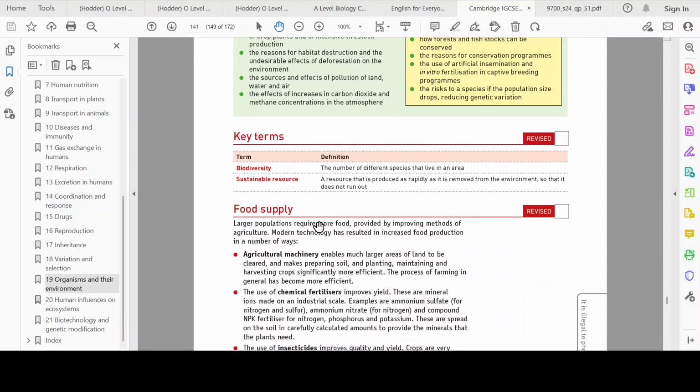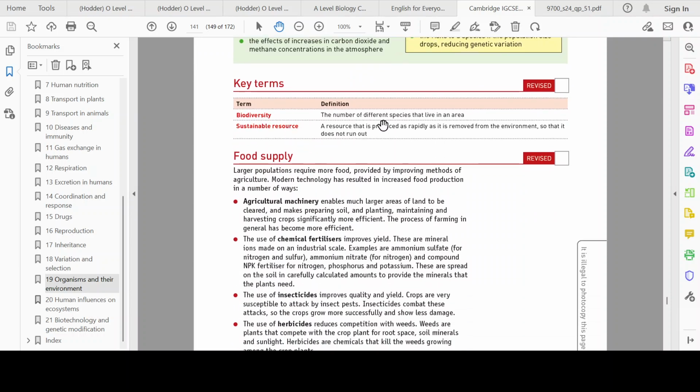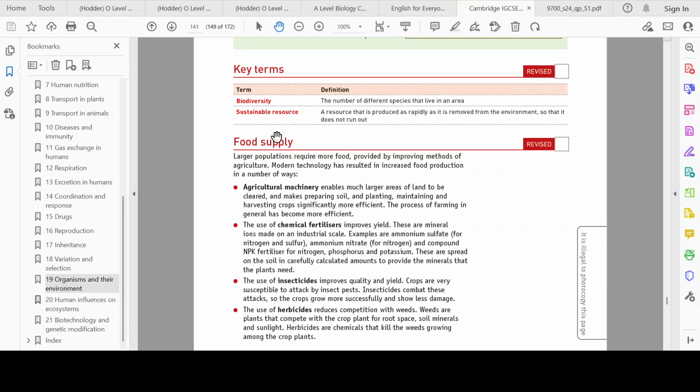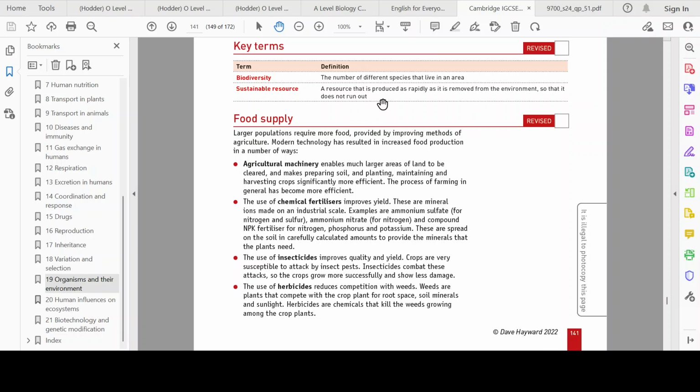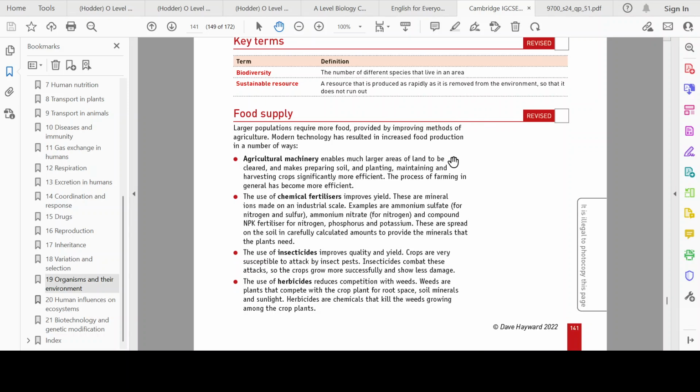First of all, biodiversity is the number of different species that live in an area, and sustainable resources are ones that can be replenished: a resource that is produced as rapidly as it is removed, so it does not run out.